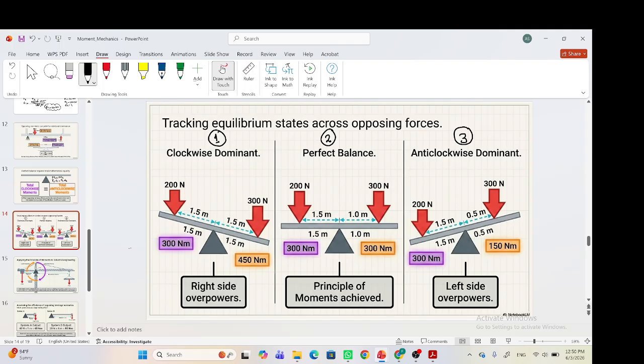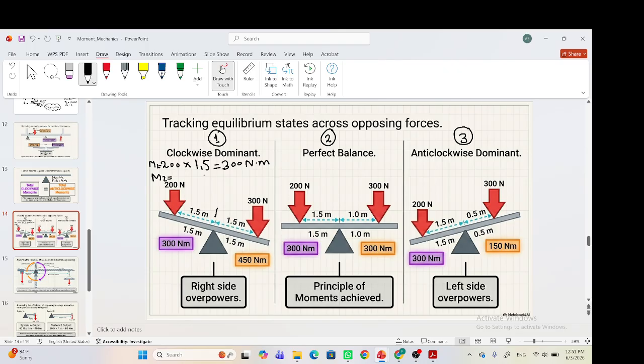For example, here in the first point, the force is 200 newtons. If you want to find M1, it is 200 newtons multiplied by the distance, which is 1.5. How much will be the result? We have 300 newton meters. Okay, let's find the second option, M2.